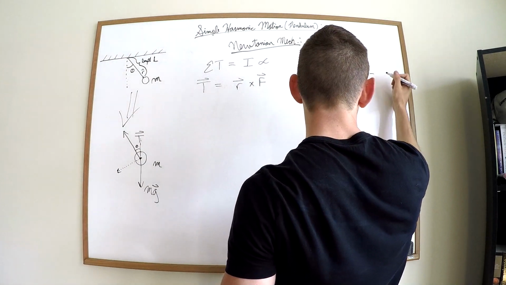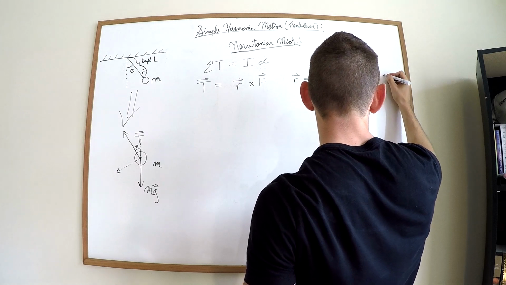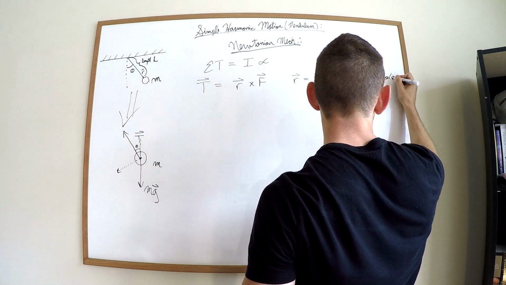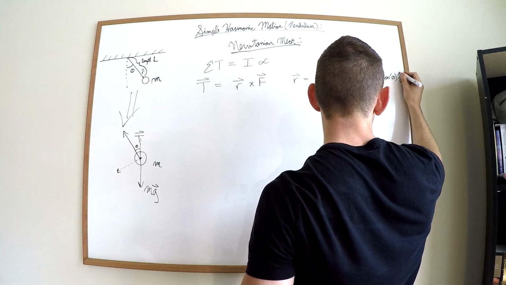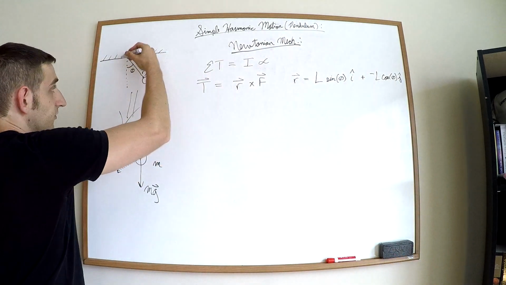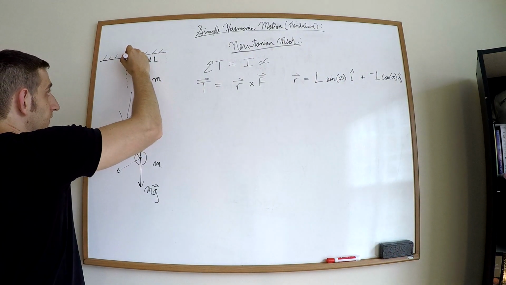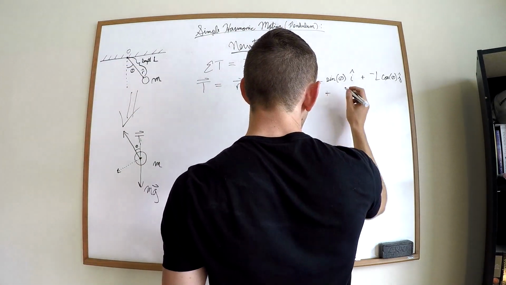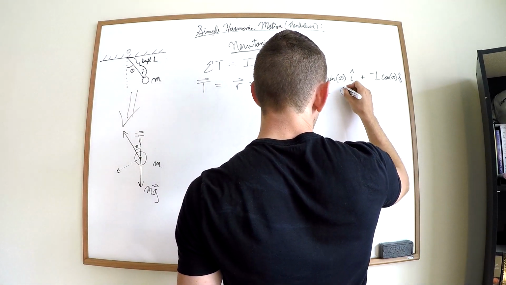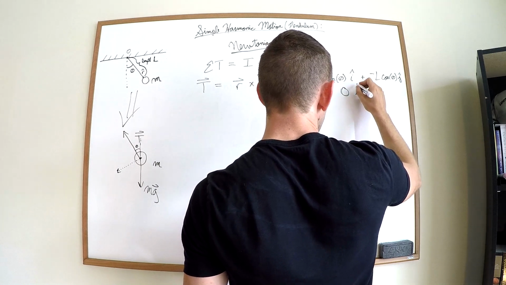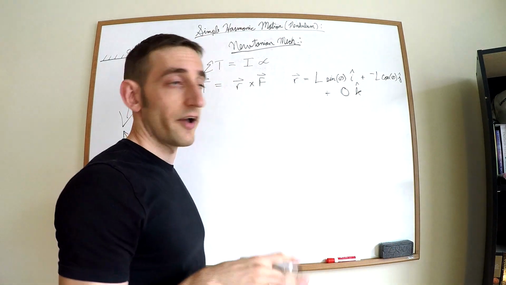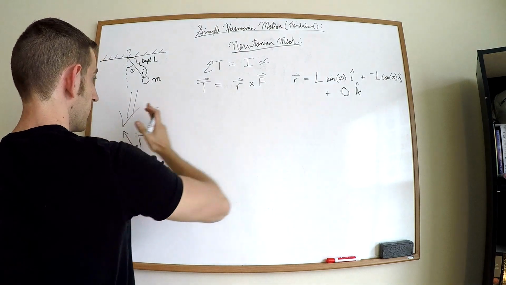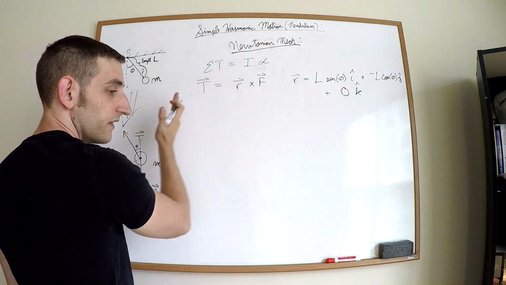For y, we have plus negative L cosine theta, basically in this direction. We're just going straight down and treating this as our origin. And we do not have anything in the z direction. We're assuming this is planar. It's going to move in this plane.